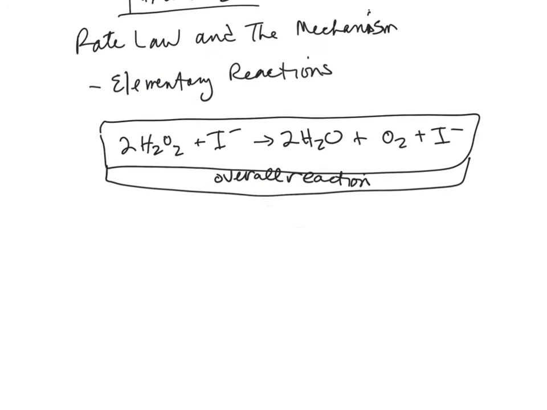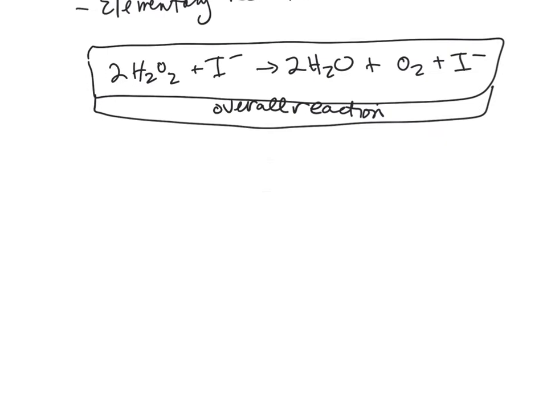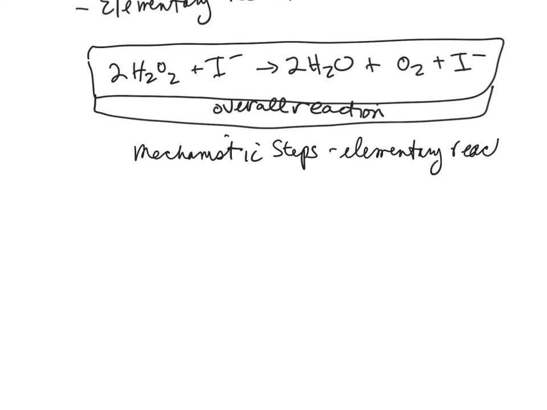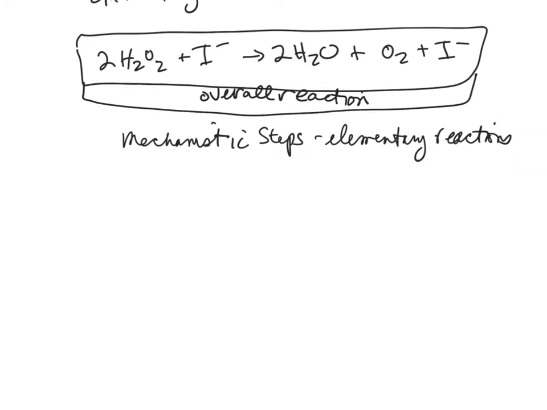Okay, now we can talk about the mechanism for this reaction or the mechanistic steps, which are also called elementary reactions. In this case, think about the left-hand side, you have two peroxide molecules and an iodide.